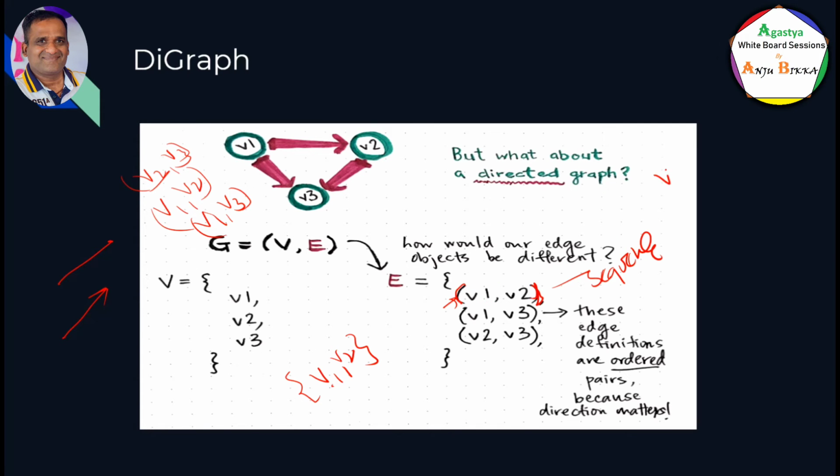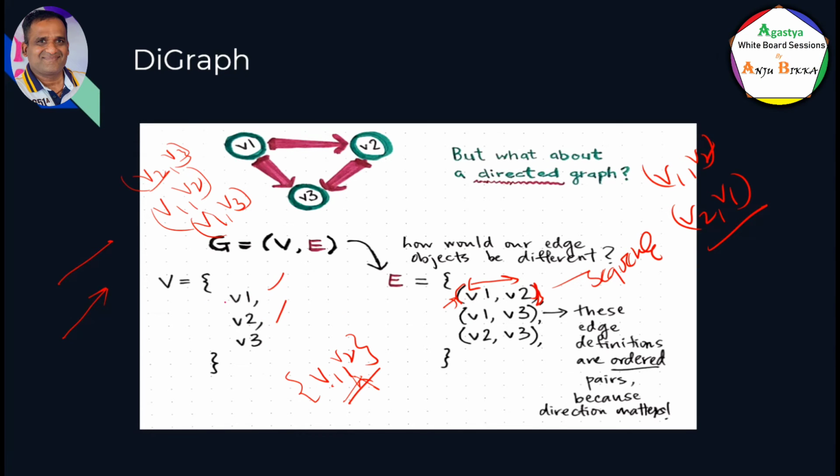The sequence V1, V2 is not the same as the sequence V2, V1. That is the reason we use a sequence to represent the edges in a directed graph, and sets to represent the edges in an undirected graph. This is a very important point.